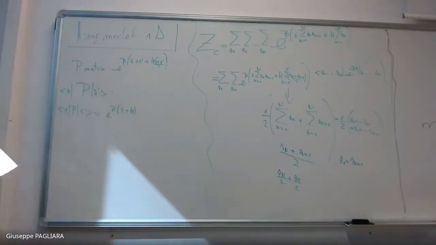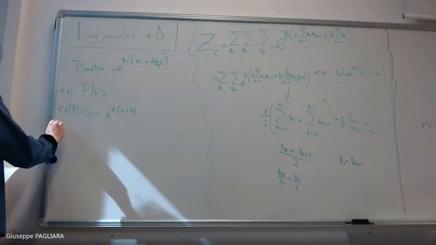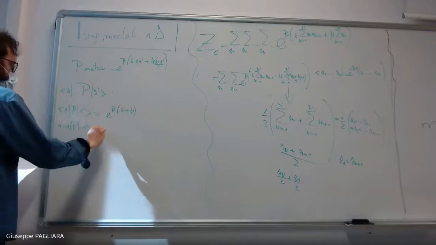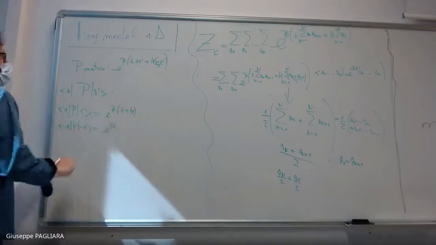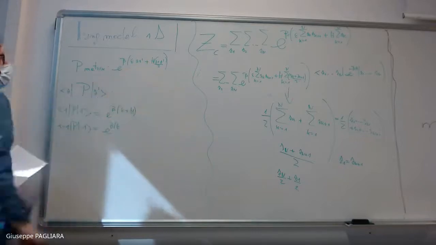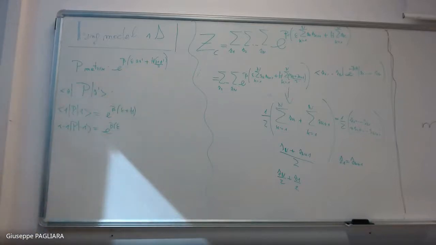Then we take minus 1, minus 1: here is beta epsilon, and here I have minus h, because it is minus 2 divided by 2.